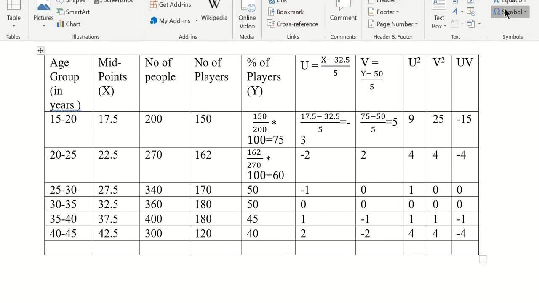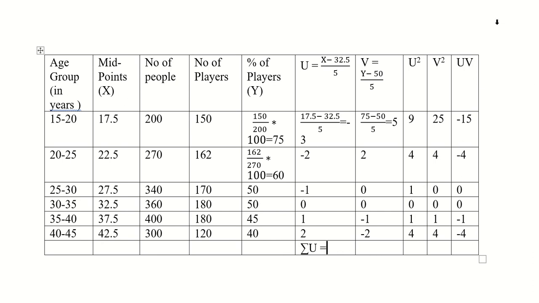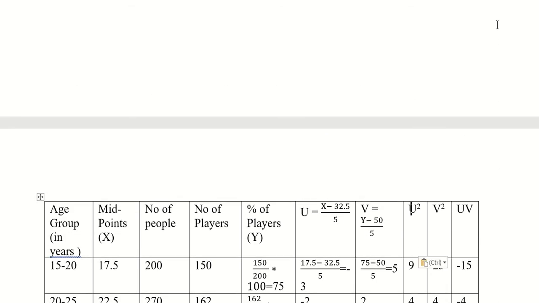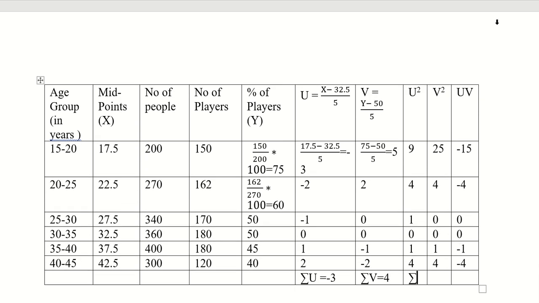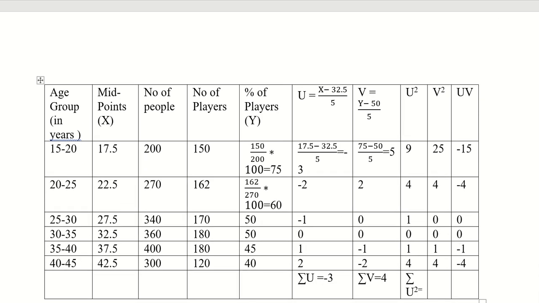So the summation of u is -3. Then we need summation of v, which is 4, then summation of u square, 19. Okay, it is 19.